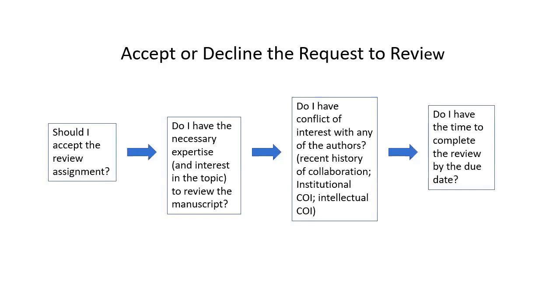That would include things like recent history of collaboration, someone that's in your institution or department, or if you have intellectual conflict of interest, where you have different opinions on the scientific issues that may impact your ability to give a fair and unbiased review of the paper. And finally, do you have time to complete the review by the due date? So if you answer yes, no, yes to those 3 questions, then you should seriously consider reviewing the paper.